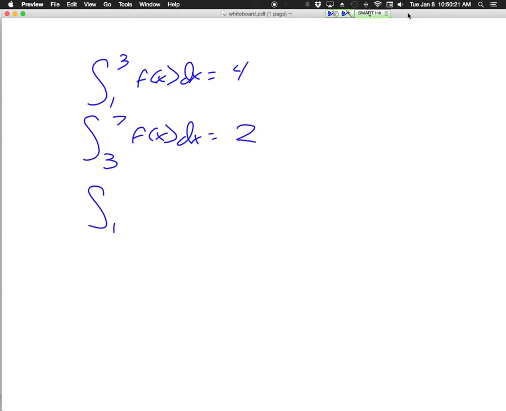What is the integral from 1 to 7 of f of x dx equal to? 6. Right, you just add them together. Because 1 to 3 plus 3 to 7 is the same thing as 1 to 7. So if 1 to 3 is 4 and 3 to 7 is 2, then 1 to 7 is going to be these two added together.